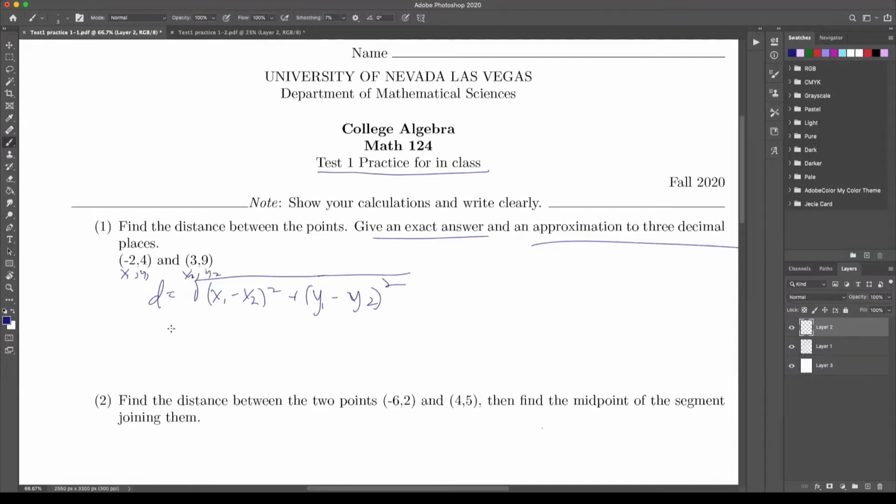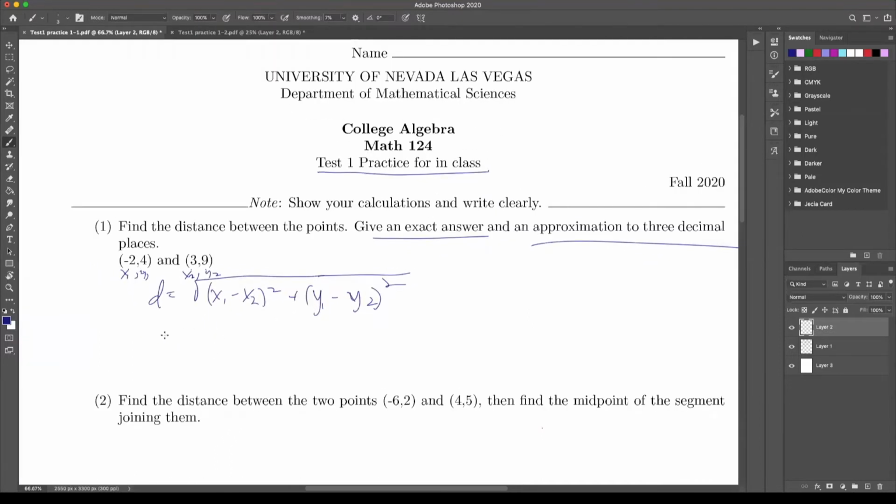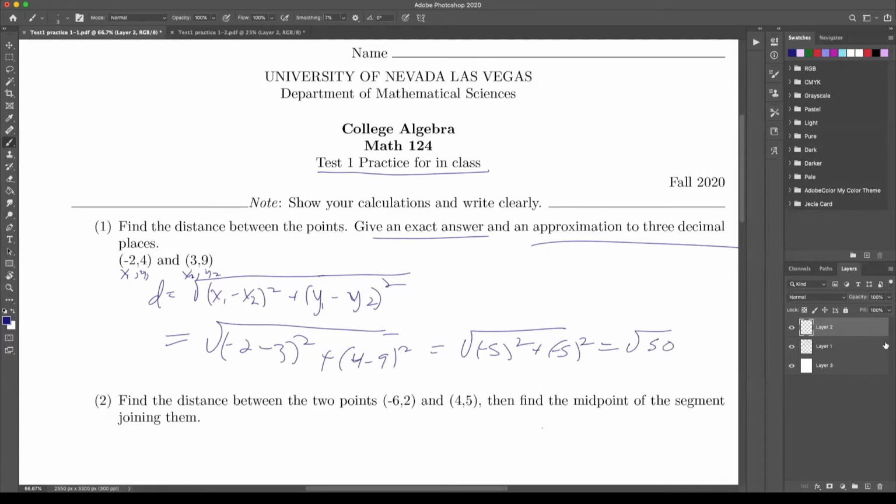So here when we type this in, I'm going to get the distance is equal to, oops, zoom in, clear this out. So my distance is equal to the square root of x1, which would be -2 minus 3 squared, plus 4 minus 9 squared, which gives us the square root of -5 squared plus -5 squared, which is the square root of 50.